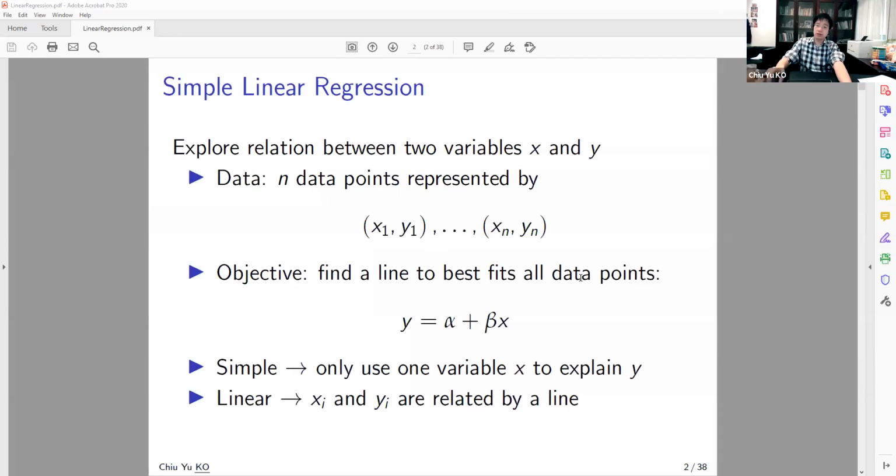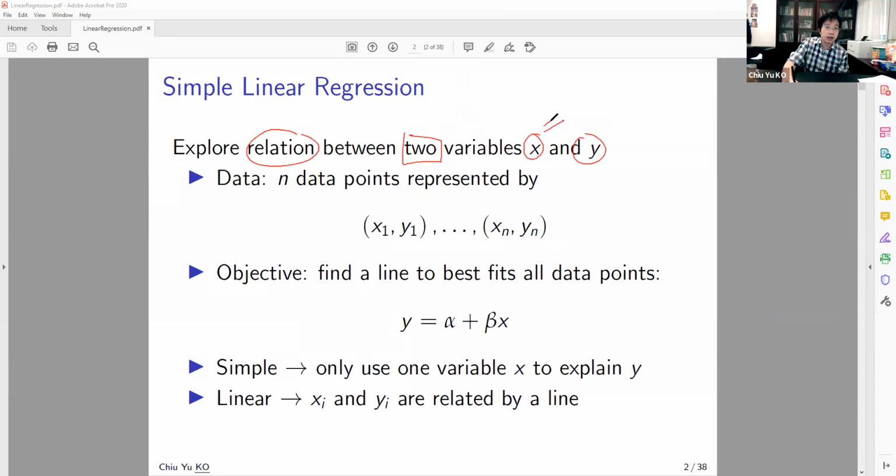Just to preview or review what we briefly covered last time: linear regression is the technique where you try to understand the relation between two variables, say x and y.